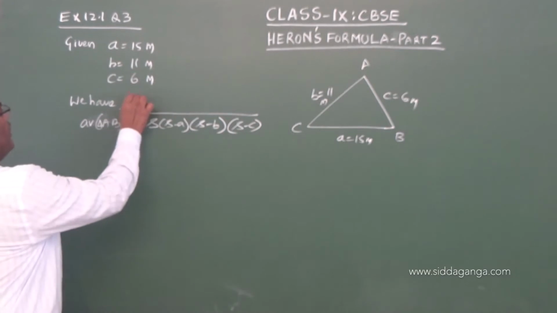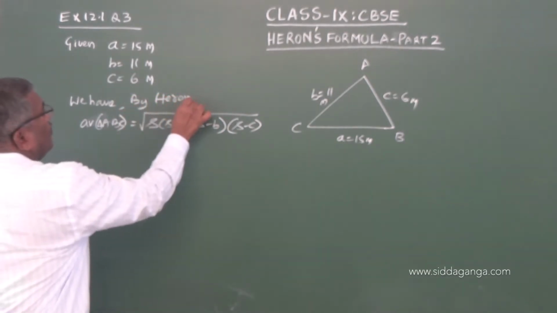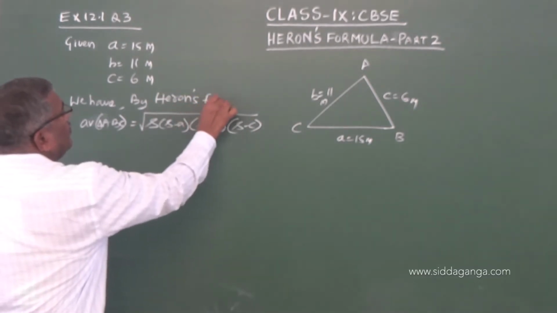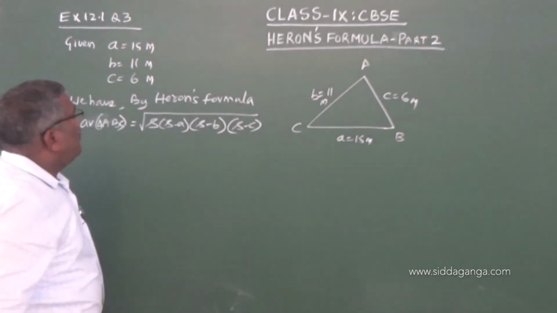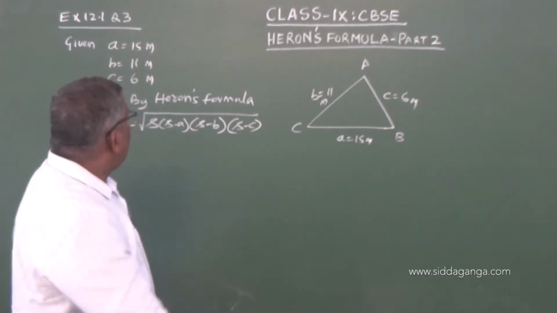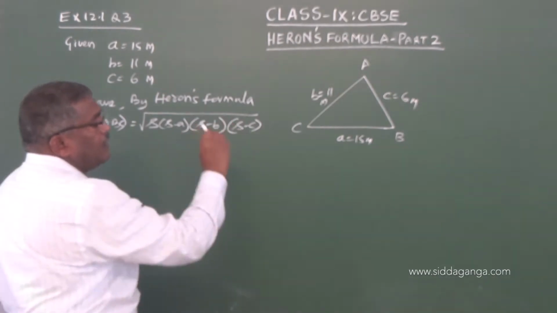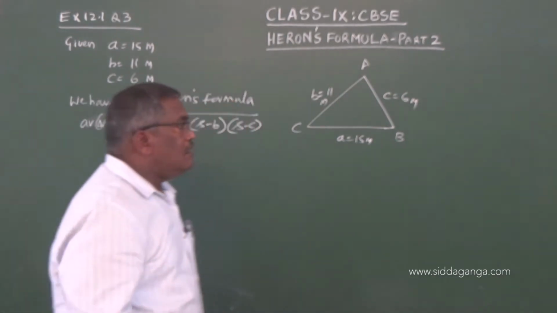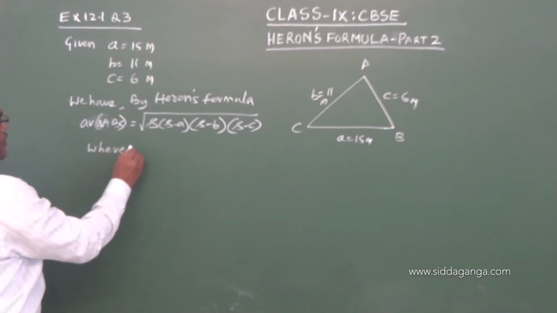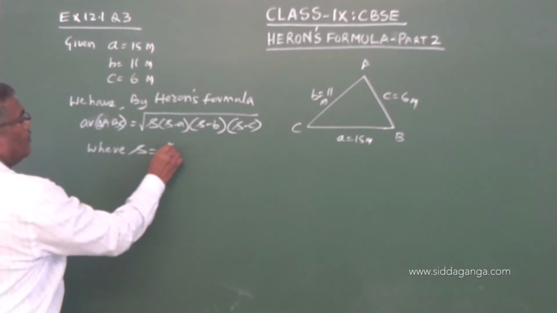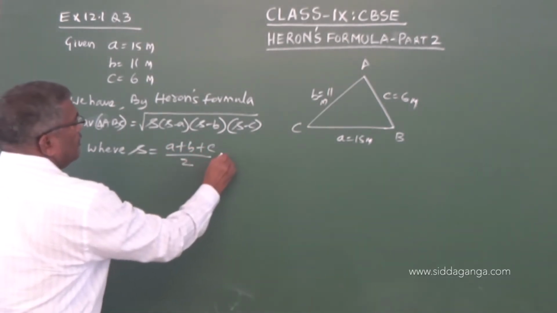So by Heron's formula, this is the relation. Area of the triangle is given by square root of S into S minus A into S minus B into S minus C, where S is the semi-perimeter, that is A plus B plus C divided by 2.